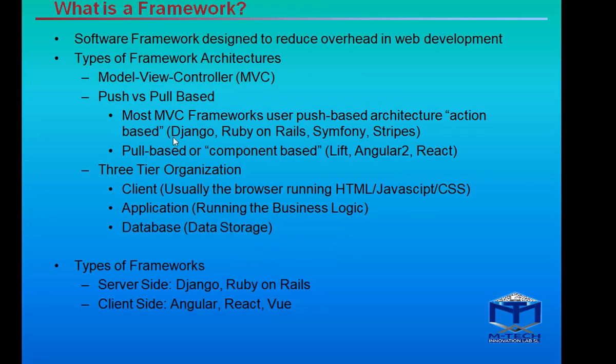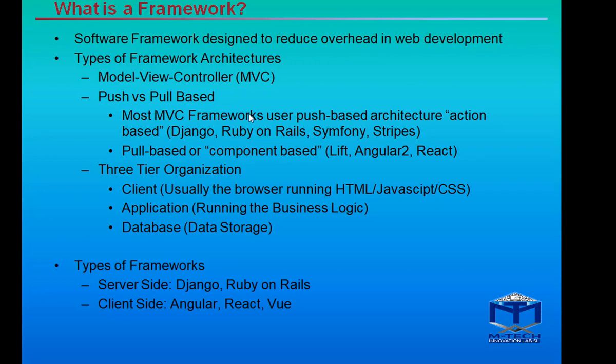Okay, so now let's look at what we call a framework. A software framework is designed to reduce overhead in web application development. Types of frameworks: architecture, model view controller, MVC, is most popular, push or pull based.